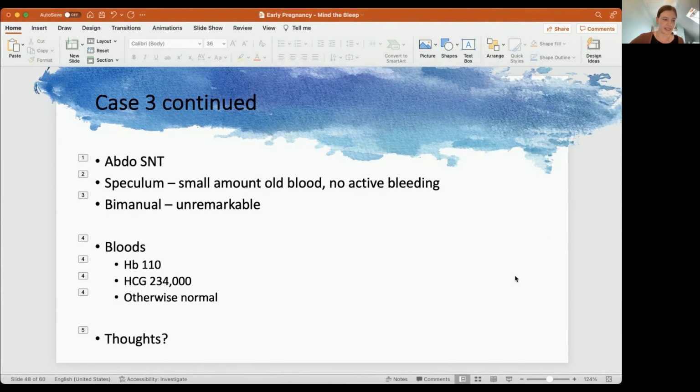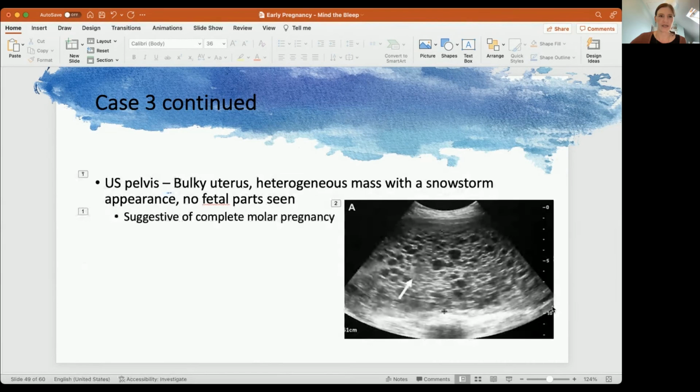Like Jess said, the thing that I'm getting at is that this HCG is very, very high. There's no real exact science, as I've said many times, about HCG. But if the HCG is in the hundreds of thousands, that is very high, and higher than we would expect in a normal pregnancy.